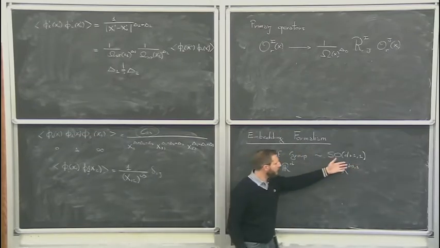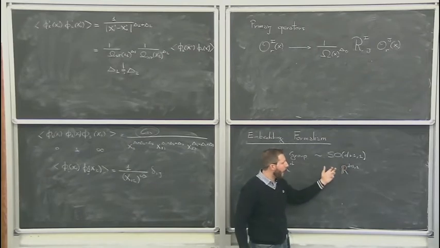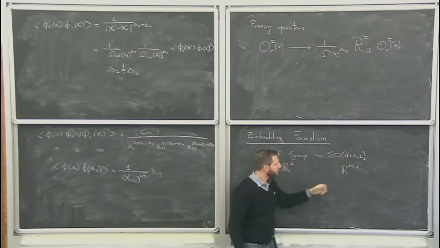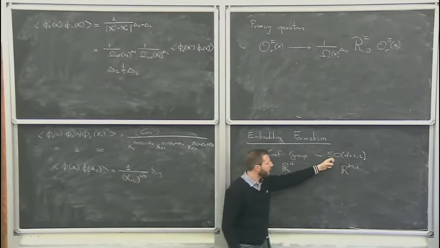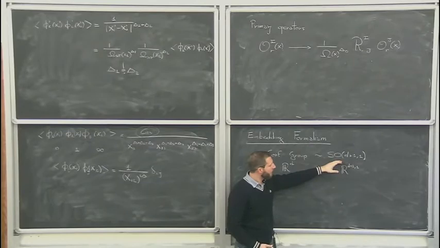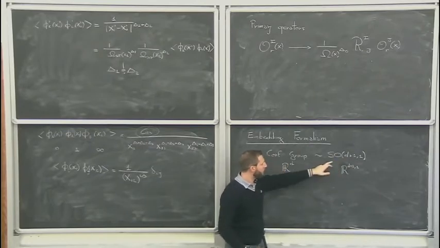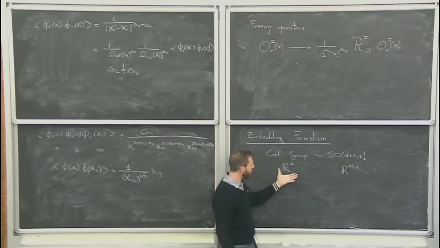In the new space, the conformal group will act in a very simple way, because it's just rotation in this space. Nevertheless, the mapping that I will provide between these two spaces will induce transformations on the original one, which are exactly the conformal transformations.